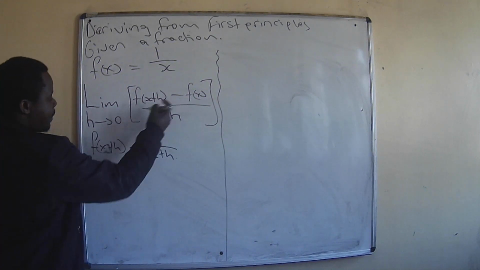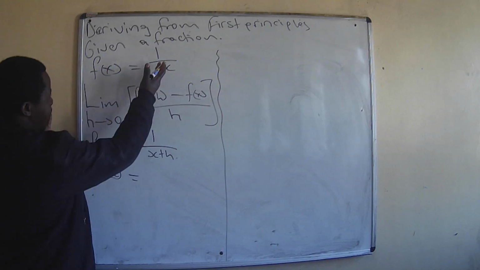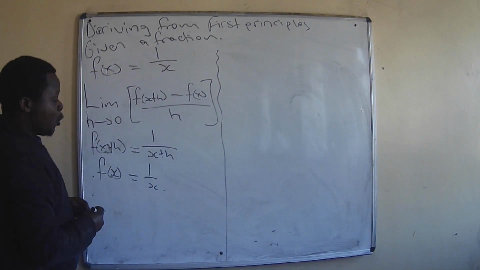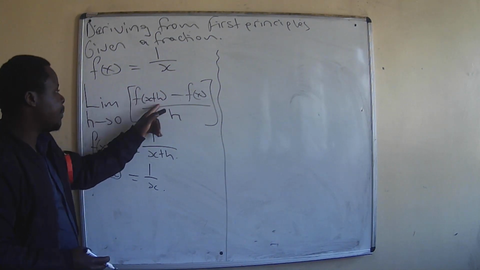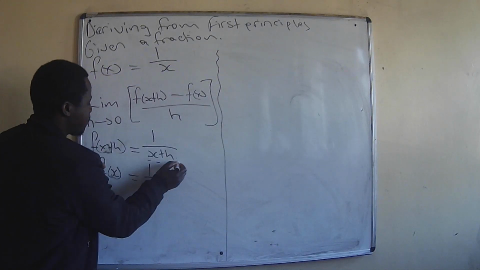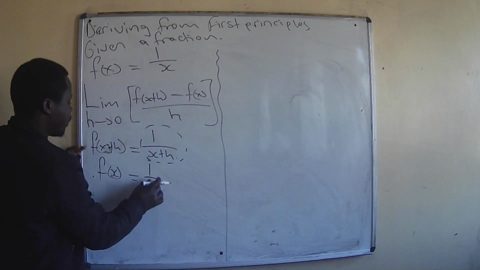F of x is the same given function, 1 over x. So at this step, we are going to substitute our f of x plus h. Remove everything and substitute this.